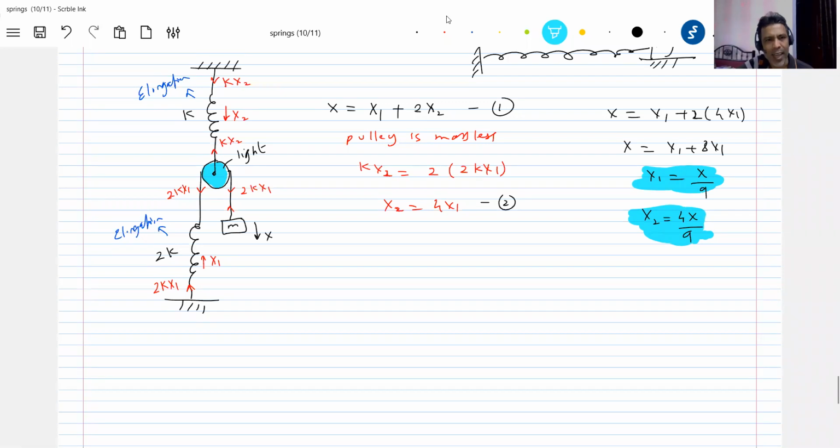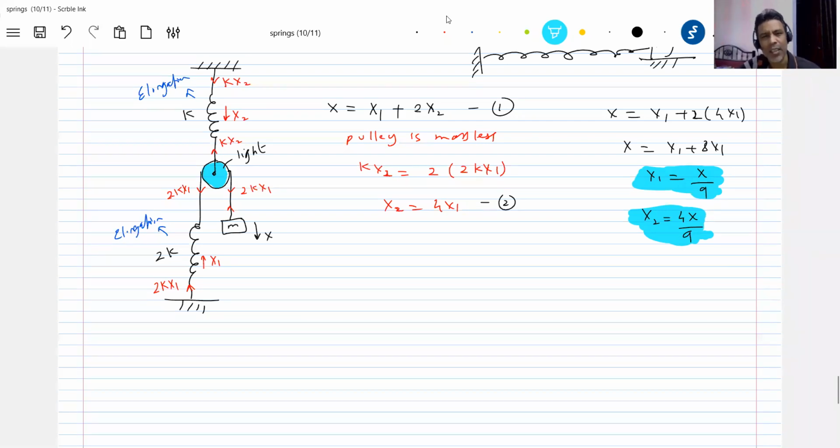Look at the diagram, because one pulley has come because of that. So whenever you get a situation where they're not series, not parallel, we have to use this method to find out the elongation in each spring. So this is the basic idea about how to calculate elongation in each spring.